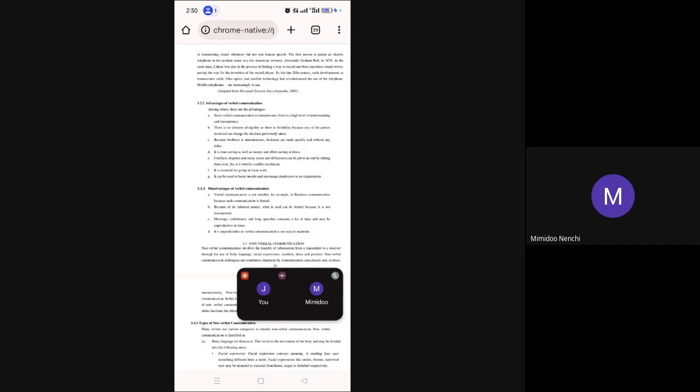Now you can't compare the cost we are incurring while communicating here to when, let's assume I said we need to meet at our center to have a physical lecture. Do you understand?